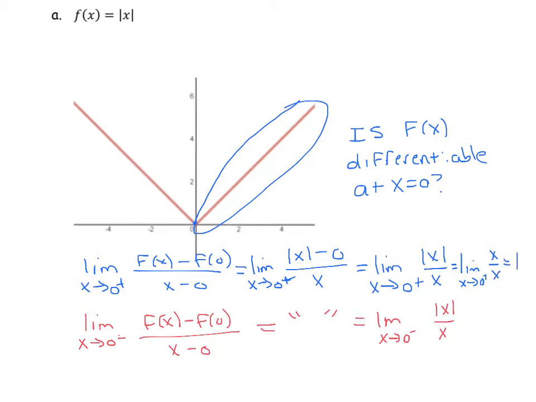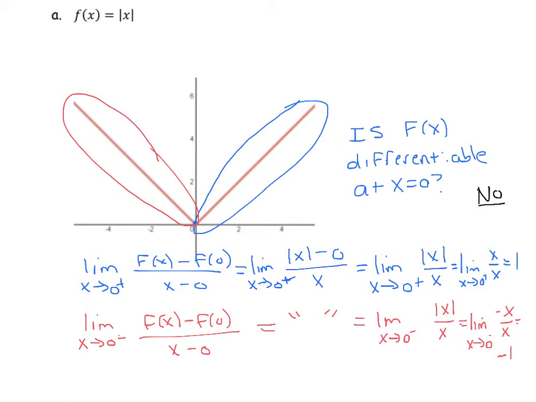And similarly, if you approach from the left-hand side, the absolute value of x function is just behaving like the graph negative x. So this is just the limit as x goes to 0 from the left of negative x over x, and that gives me negative 1. All right, and so those are not the same. So the answer to this would be no. Those two limits are not the same.